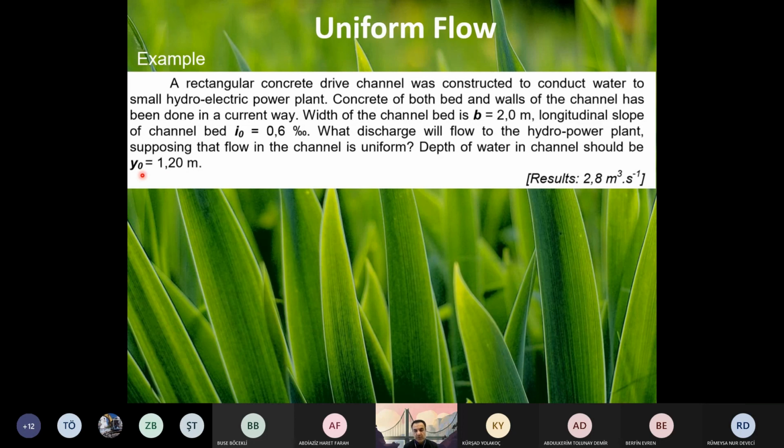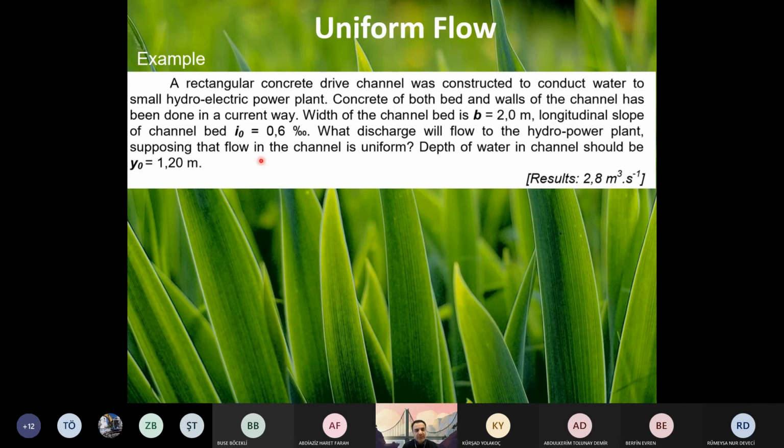Because in uniform flow, we always say that the depth of uniform flow is Y0, or normal depth. During this course, when you see Y0, it means normal depth.